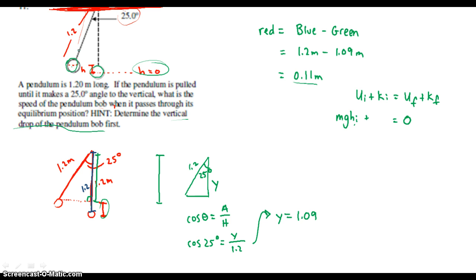Now, at the beginning, we're holding it here. It doesn't have any speed. Its velocity is 0, so its kinetic energy is 0. At the end, it's going to be moving, so it will have a kinetic energy. From here, all we have to do is find what the velocity is, what the speed is.